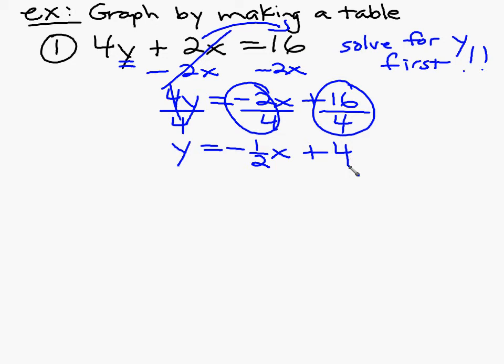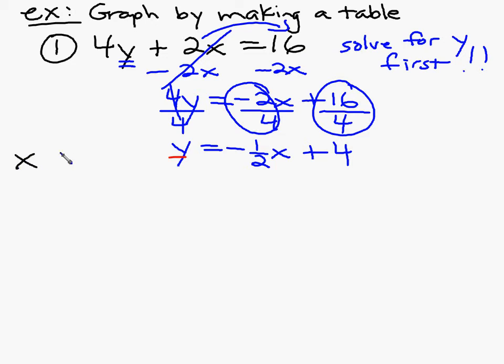So we've now accomplished what we set out to do, which was to get y by itself. It's still the same equation, but now the y is by itself. So we're ready to start making a table and calculating our points.